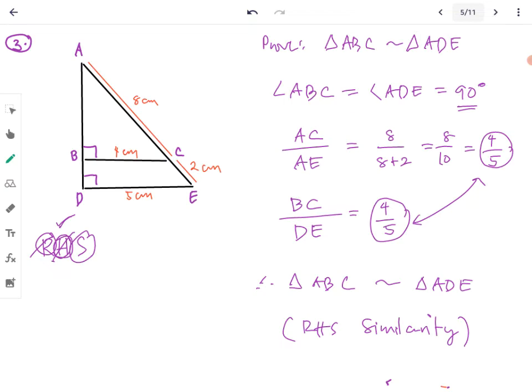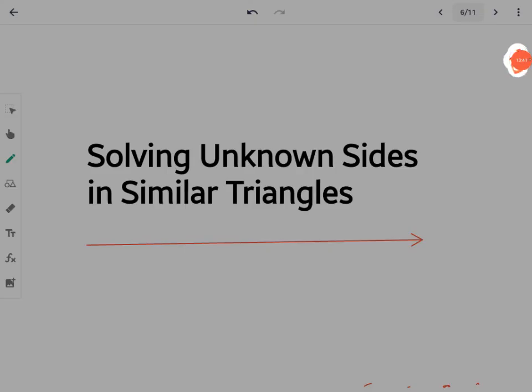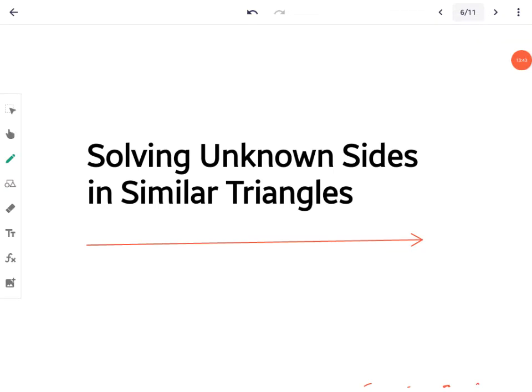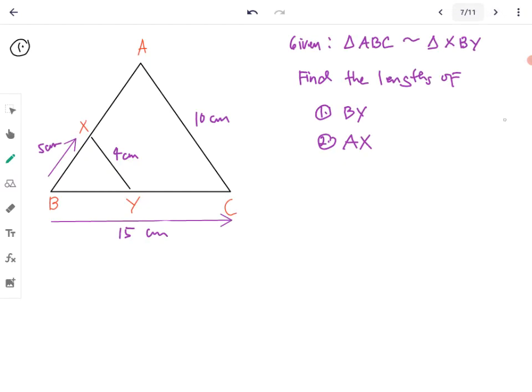Next is solving unknown sides in similar triangles. In these problems, we will use the similarity of the triangles to solve for the unknown sides. Number one: triangle ABC is similar to triangle XBY.